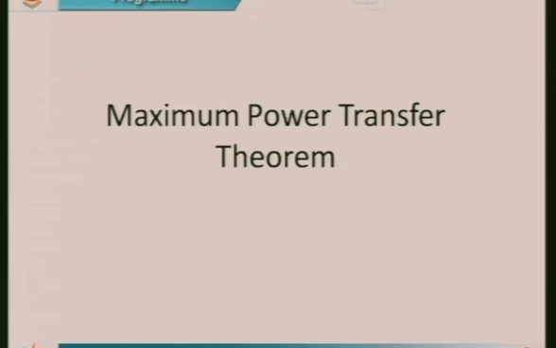In both cases, for the DC circuit as well as the AC circuit, we have considered independent voltage sources, independent current sources, dependent voltage sources and dependent current sources. So considering the dependent sources as well as the independent sources, we have done Thevenin's theorem.